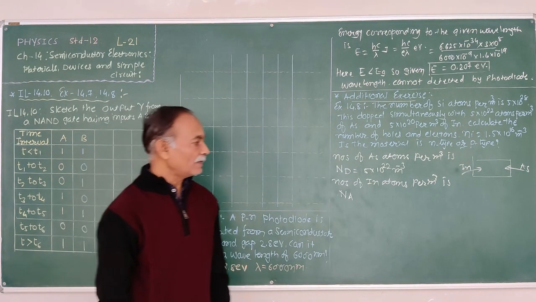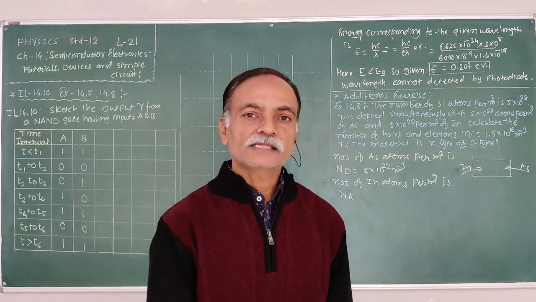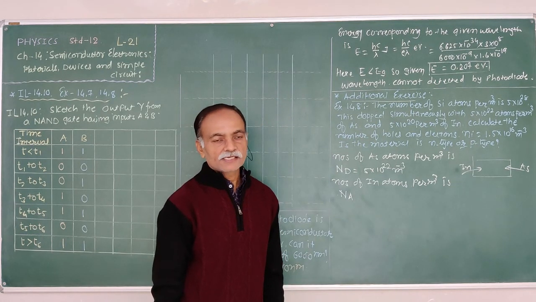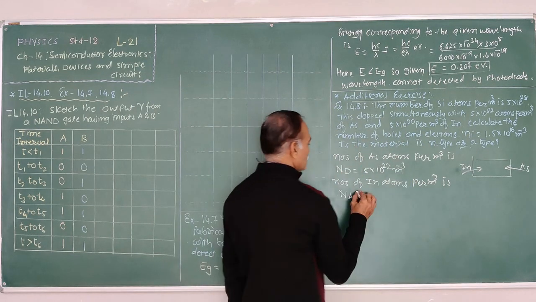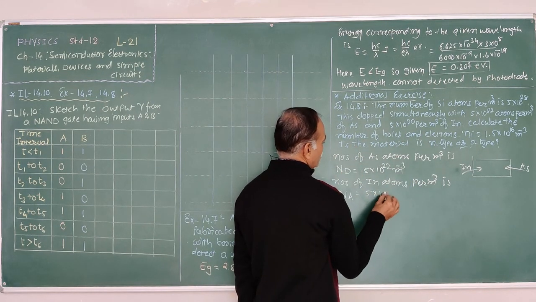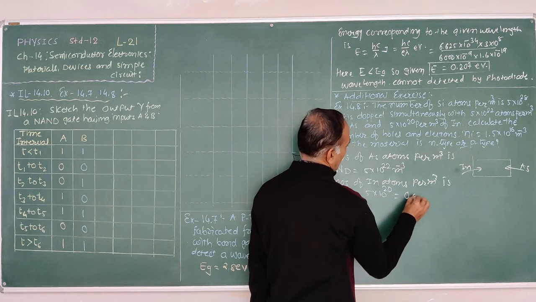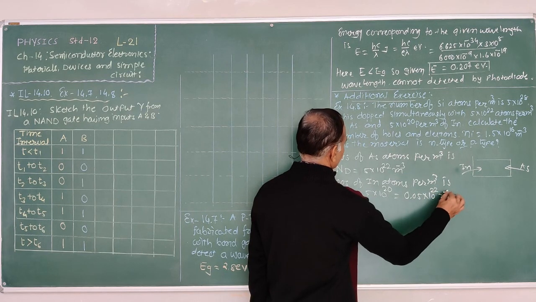So only 3 covalent bonds are formed, the 4th is not formed. Therefore, it accepts an electron, and these impurity atoms are known as acceptor impurity atoms. That is given as 5 into 10 raised to 20, that means 0.05 into 10 raised to 22 per meter cube.